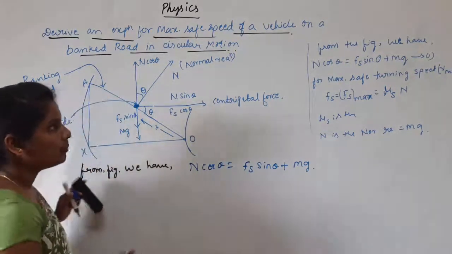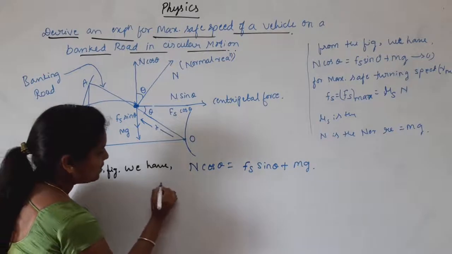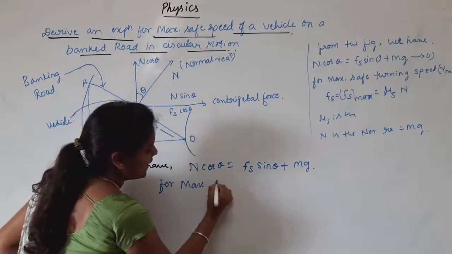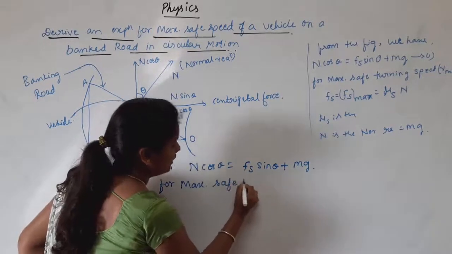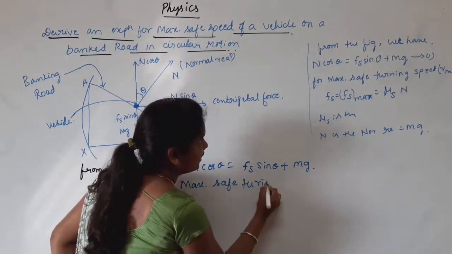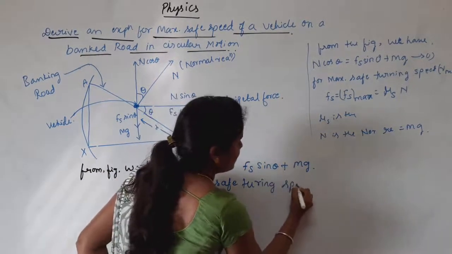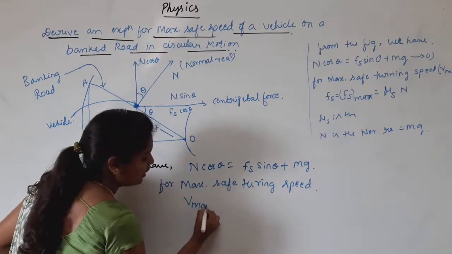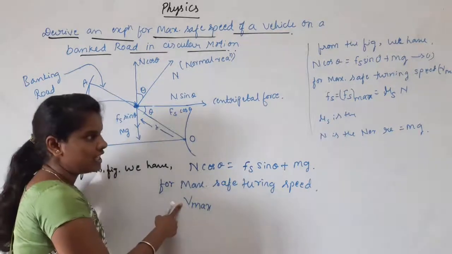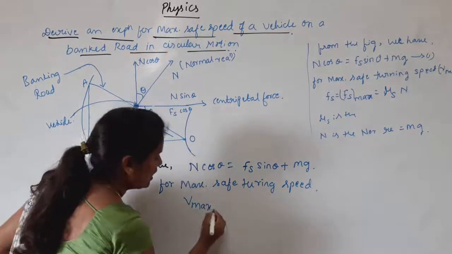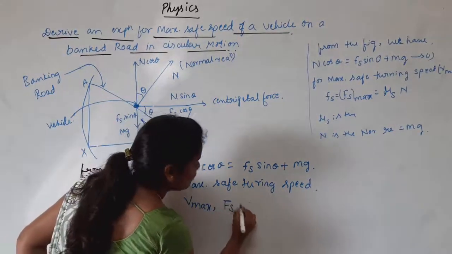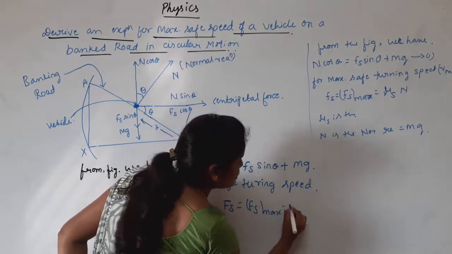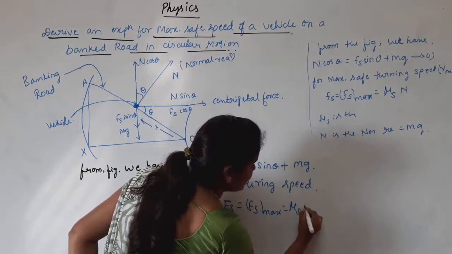So here, for the maximum safe turning speed, Vmax, Fs equals Fs maximum, which equals mu s n.